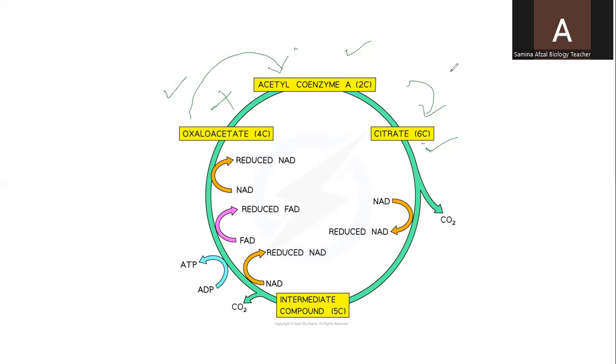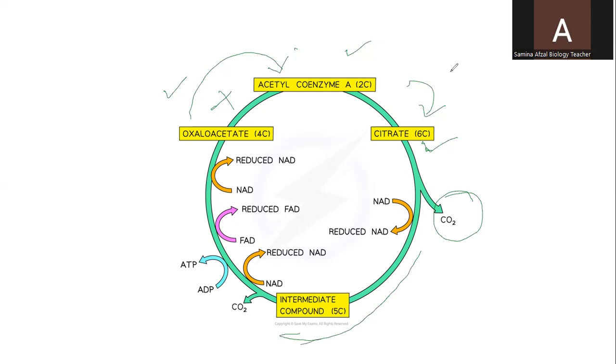And then from citrate, the process of decarboxylation takes place. As a result of this decarboxylation, carbon dioxide is released. And due to the release of carbon dioxide, the NAD will be changed into reduced NAD by accepting the hydrogen. So then citrate will be changed into a five carbon compound, which is an intermediate compound.